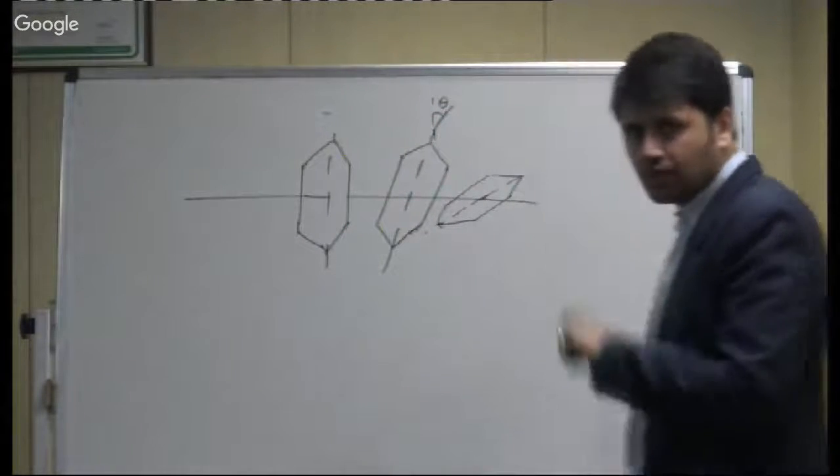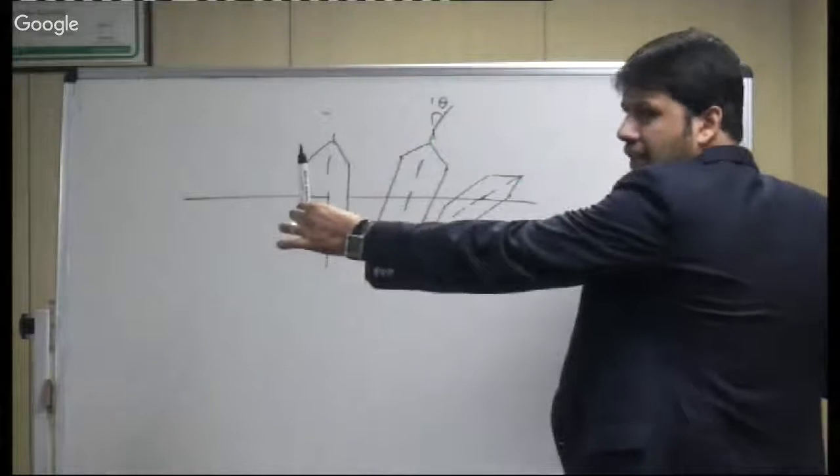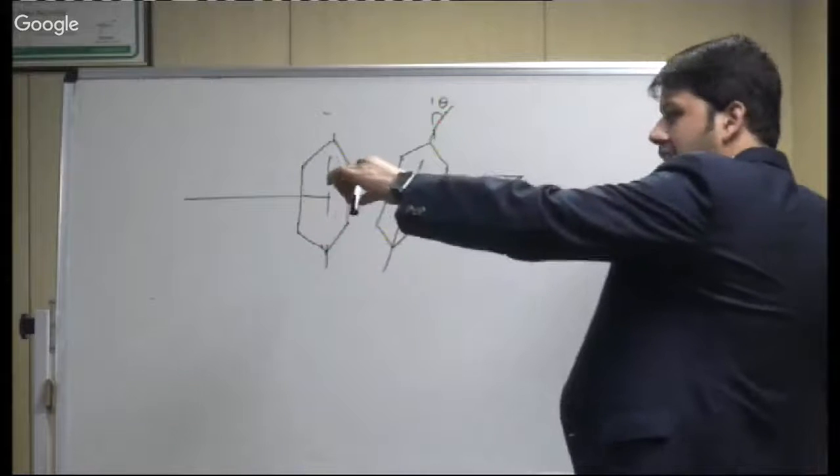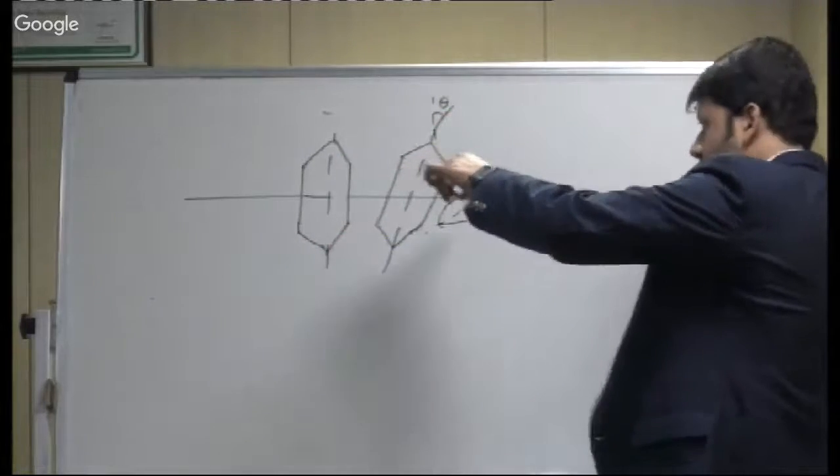So it's like this. The first one has a vertical transmission axis, the second one is tilted, the third one is 90, into the plane.